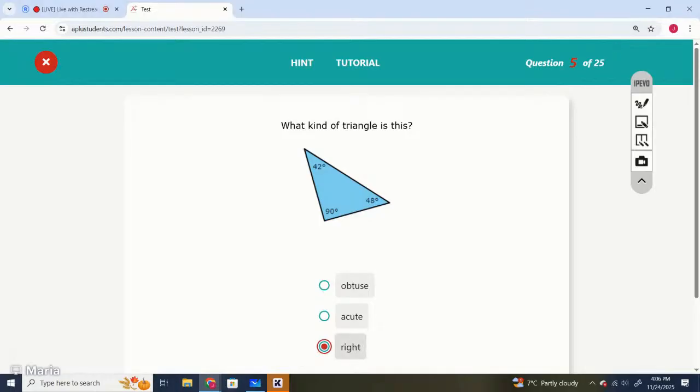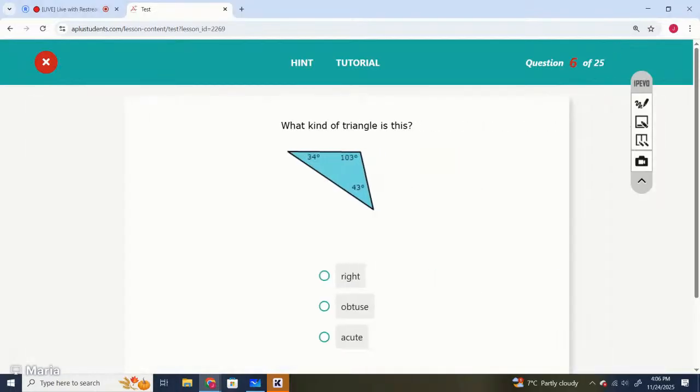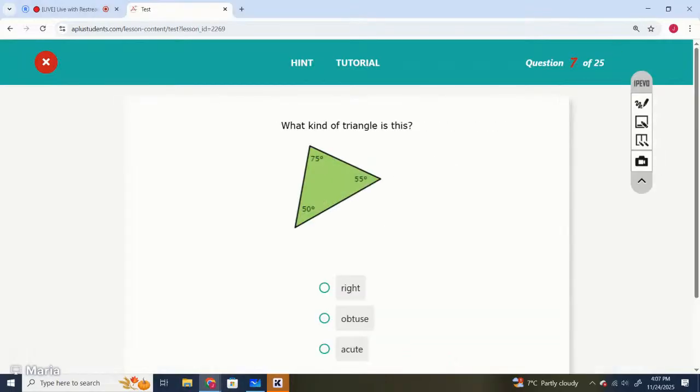Right triangle. The correct option is right. What kind of triangle is this? That is the obtuse triangle. Option number 2 is the correct option.